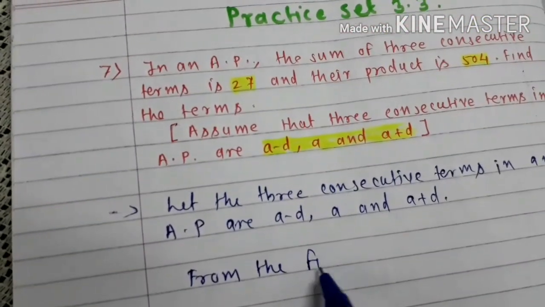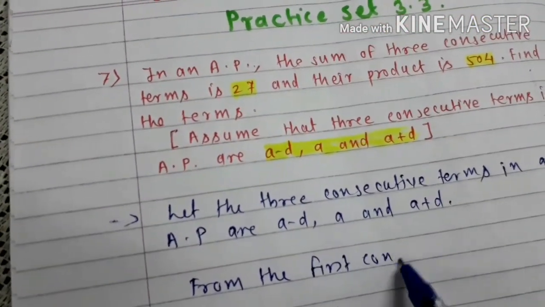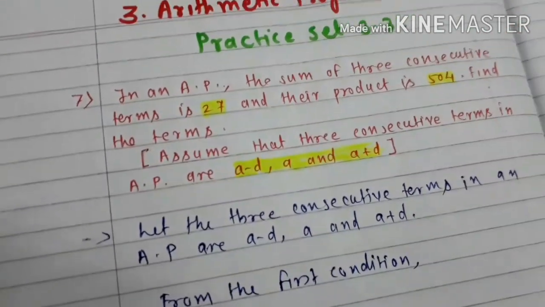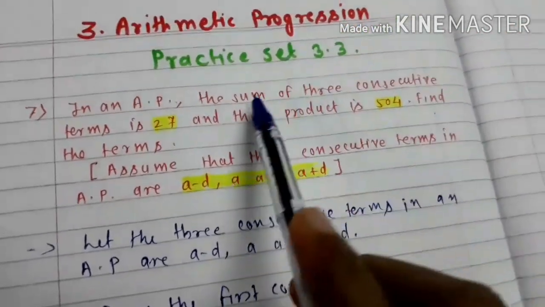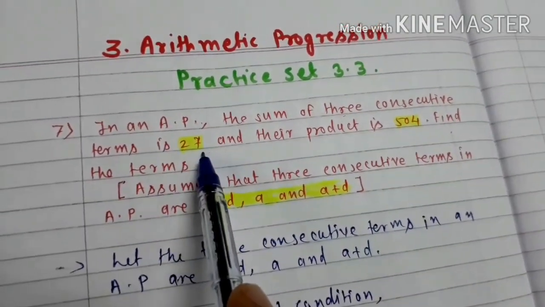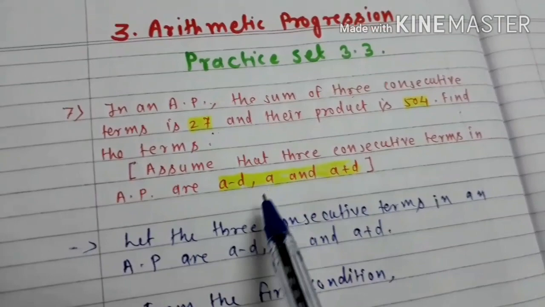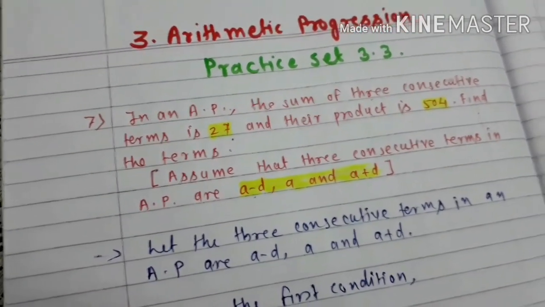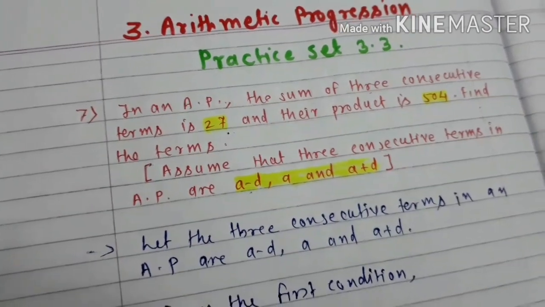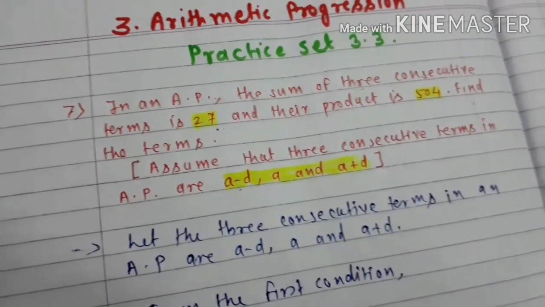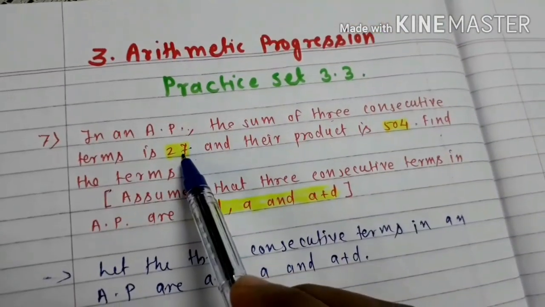from the first condition, and the first condition is the sum of the 3 consecutive terms is 27. The 3 consecutive terms a minus d plus a plus a plus d is 27.